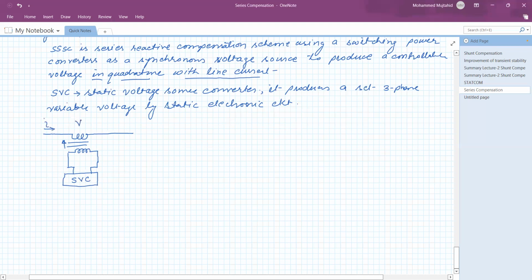This is the line current, and this is the voltage, say VQ.